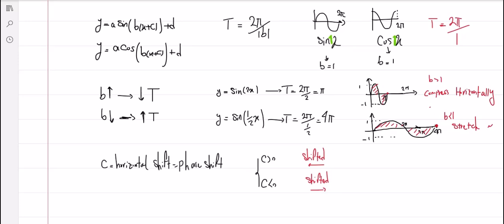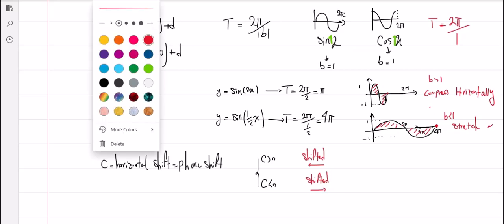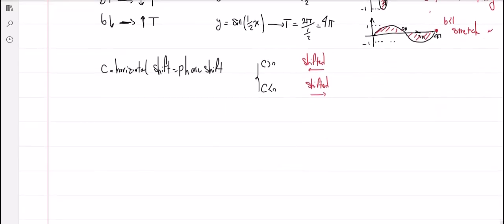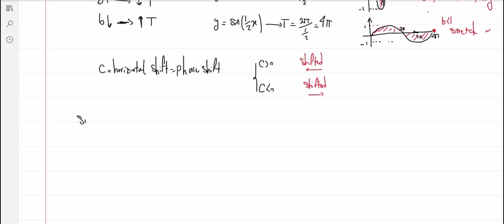Now we're going to show you some examples, and we're also going to show you what a phase shift means. For now, we're going to draw these two functions: the sine of x plus pi over 2 and the sine of x minus pi over 2.